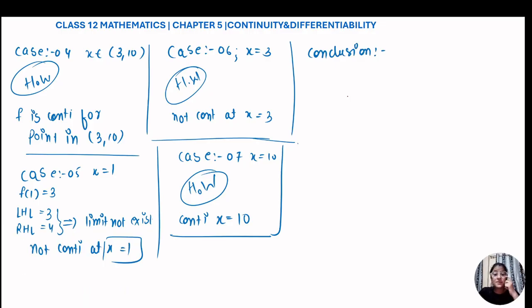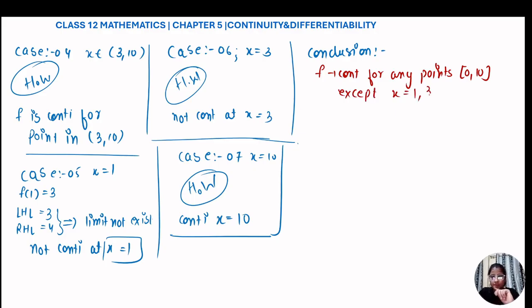As you can see, the function is continuous for any point in the closed interval 0 to 10, except the two points x equals 1 and x equals 3. As you can see, the function is not continuous at some points in the domain. So from here you can conclude that f is not a continuous function.